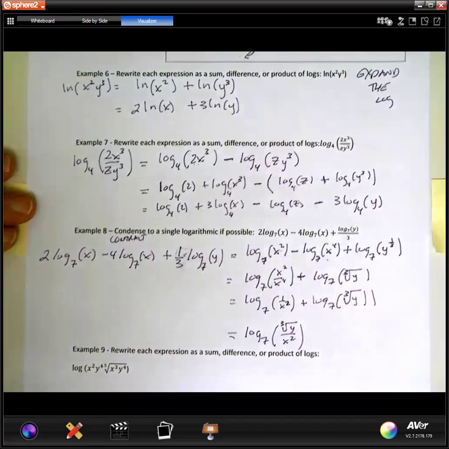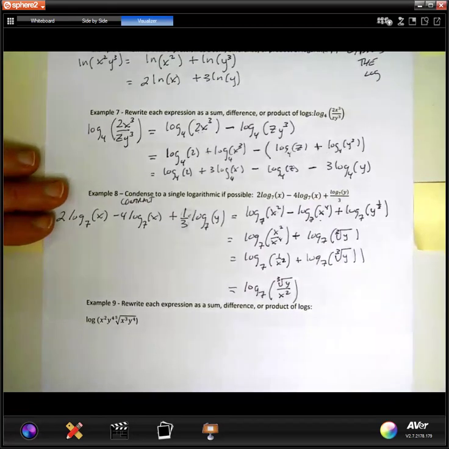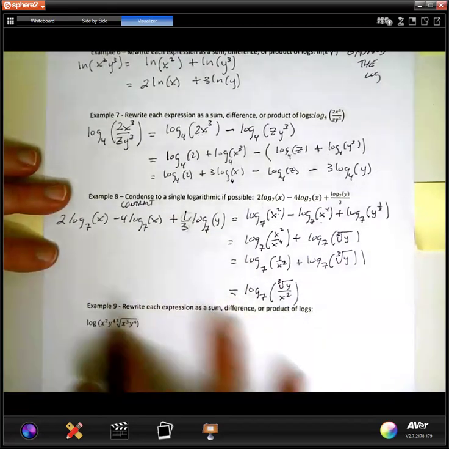Okay, so I'm going to take this last one here. Everybody's expression is some difference of product of logs. So again, I'm going to expand again.